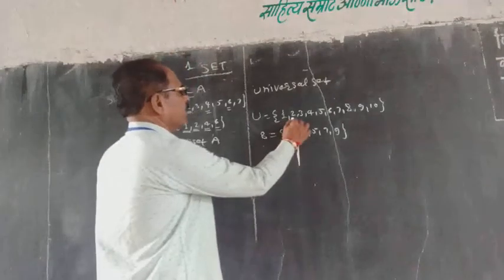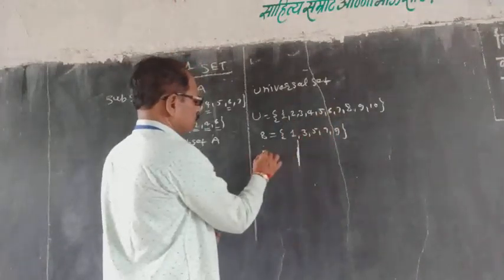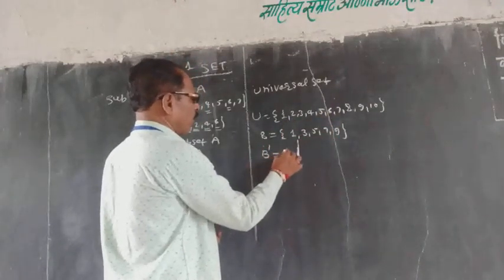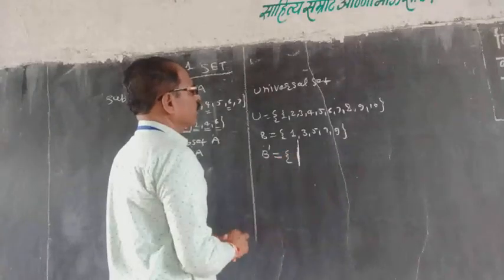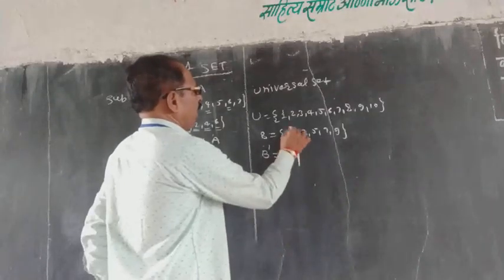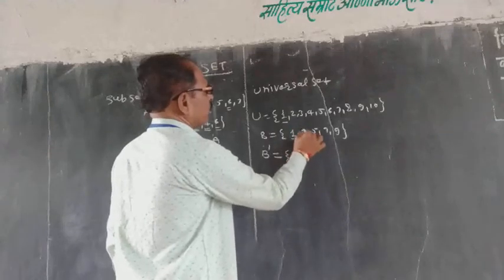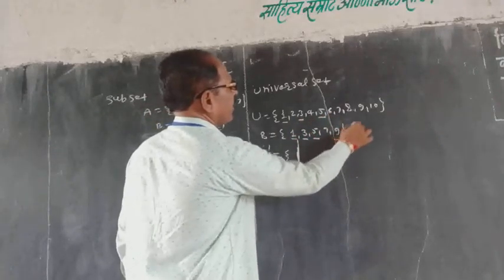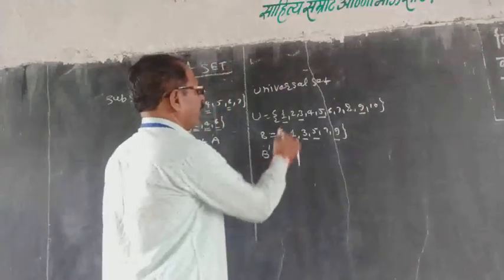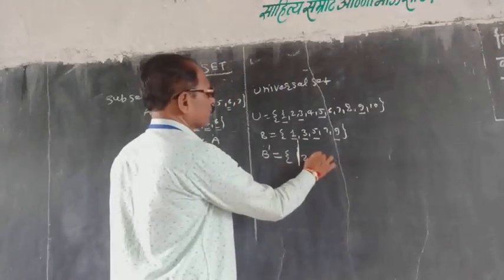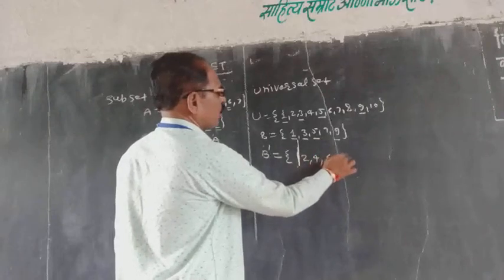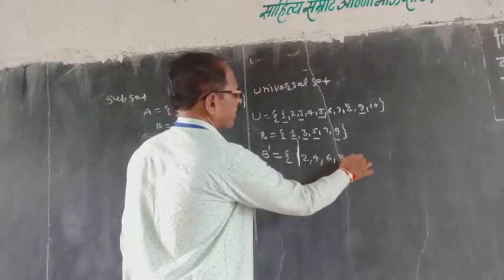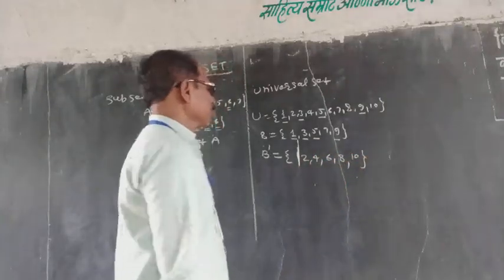The remaining numbers we can write in the complement of the given set. 1 is present on both sides, 3 is present on both sides, 5 is present on both, 9 is on both sides. Remaining: 2, 4, 6, 8, 10.